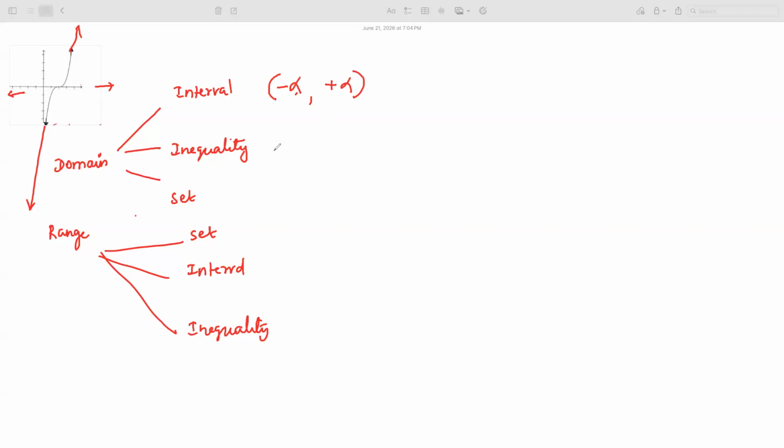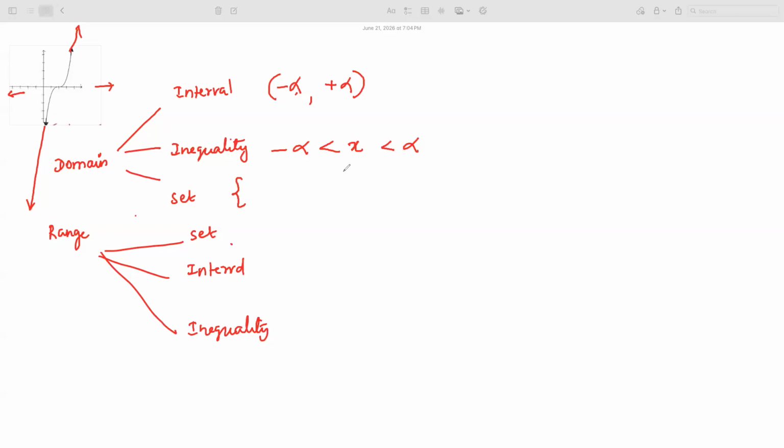Coming to inequality notation, you should never use less than or equal to sign with infinity because x value cannot be equal to infinity. So never use the equal to sign with x and infinity. Minus infinity is less than x is less than infinity. This means x is a set of all real numbers.